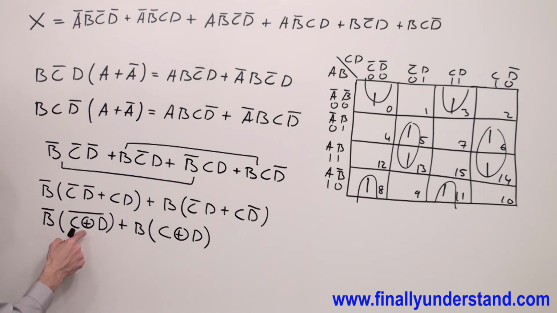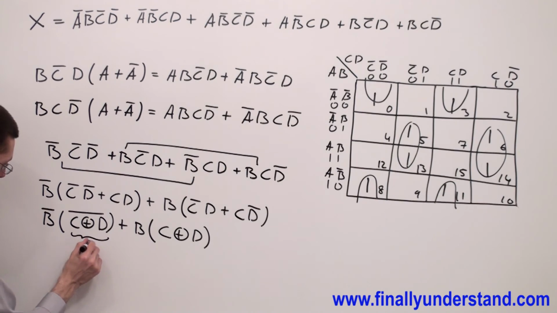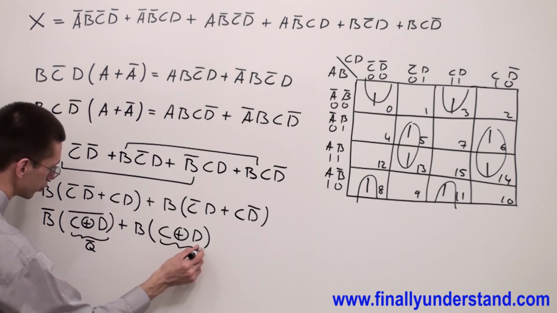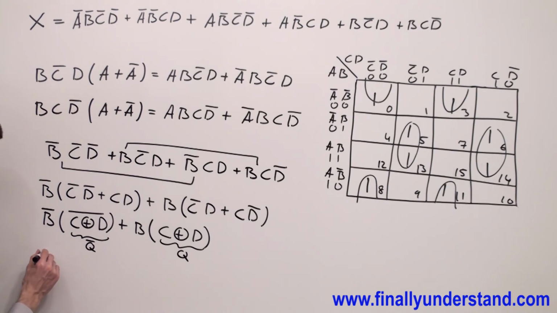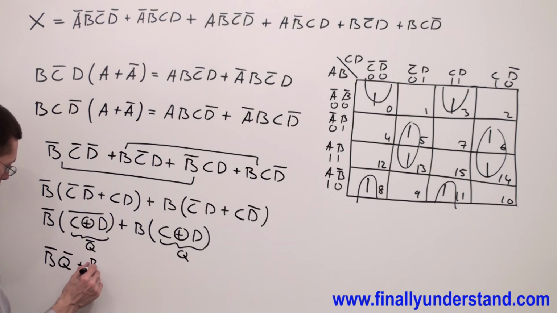So I'm going to call this term Q naught and this one I'm going to call Q because they are complements. And I have b naught, Q naught, or bQ.